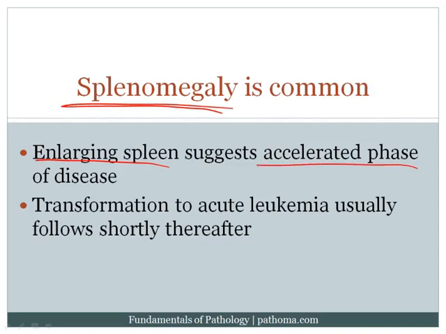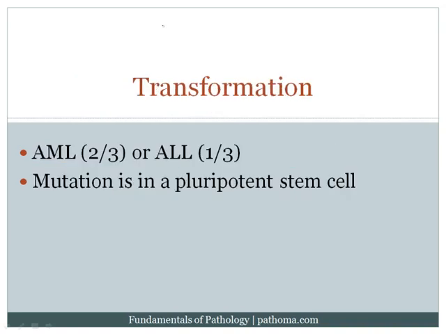And it usually heralds the transformation to an acute leukemia, which would be the worst complication that could arise from CML. Transformation to an acute leukemia, when it occurs, can result in either AML or ALL.